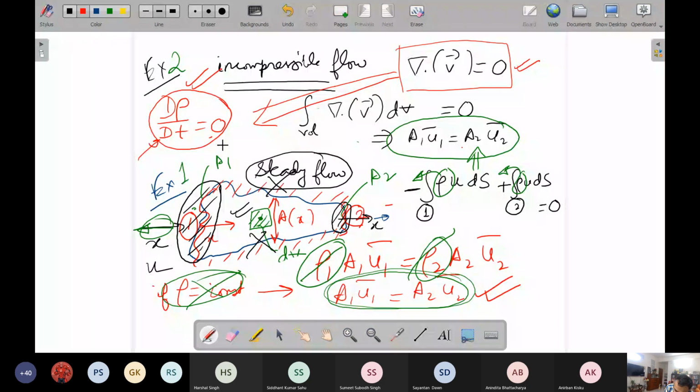So total derivative of density is the unsteady plus this one. So the unsteady term is 0 because we considered steady flow, and that grad rho, that is the spatial change of rho as the fluid is leaving and entering.